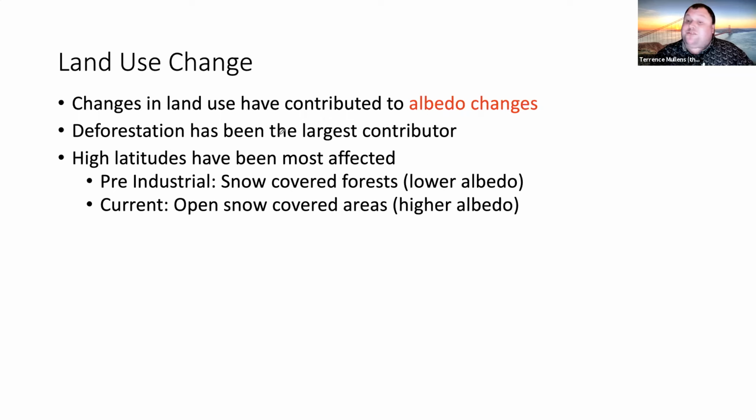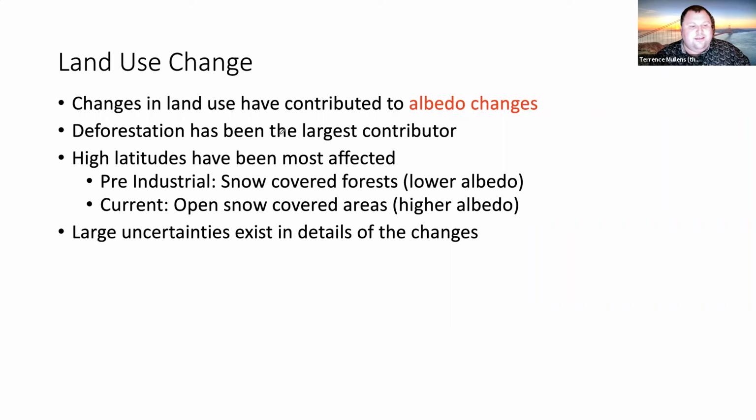So in pre-industrial times, before we were doing any kind of deforestation, there was actually lower albedo because all of the snow on the ground was being covered by trees. Then we came along, we chopped down those trees, and that resulted in a higher albedo. Now, that being said, there actually is a large uncertainty here, and I'll talk about uncertainty in a moment.